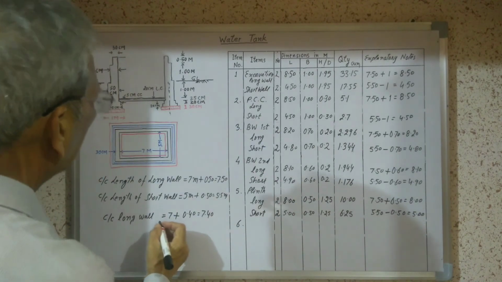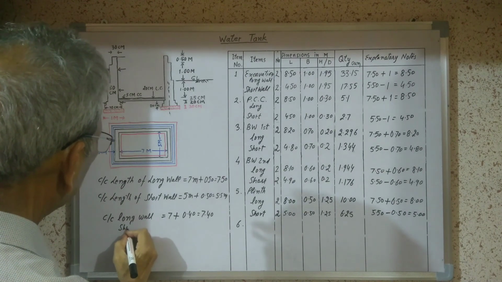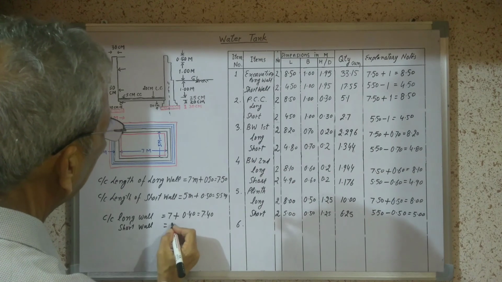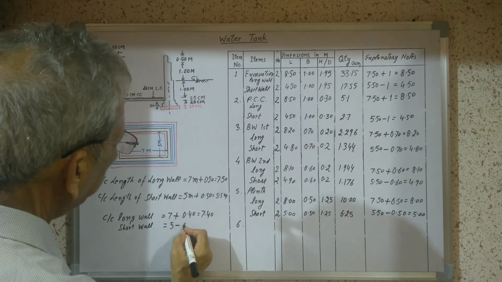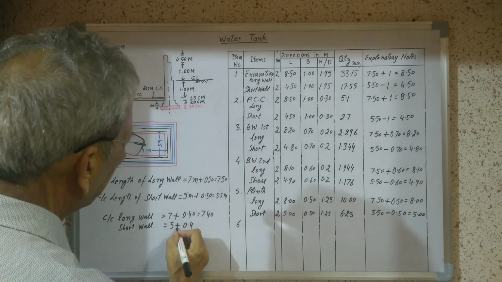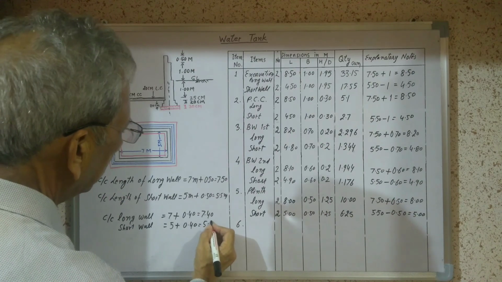Similarly, the short wall will be 5 plus 0.4, center to center, 5.40.